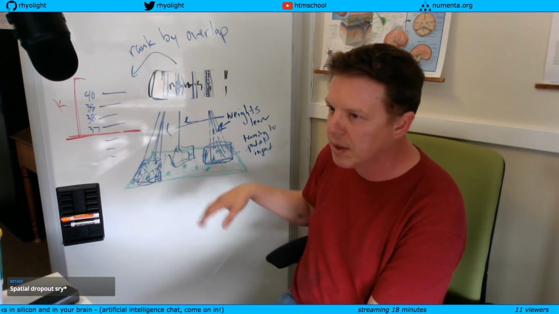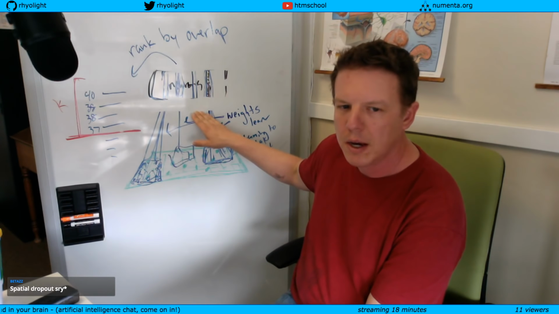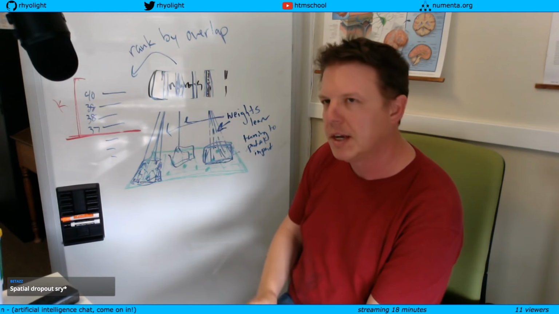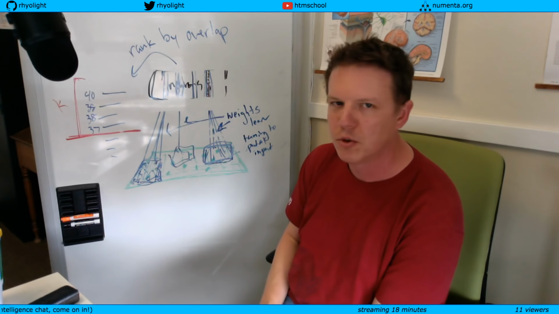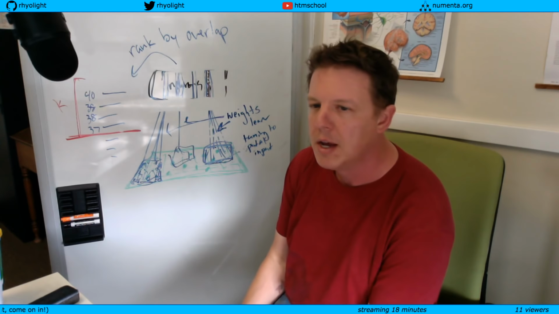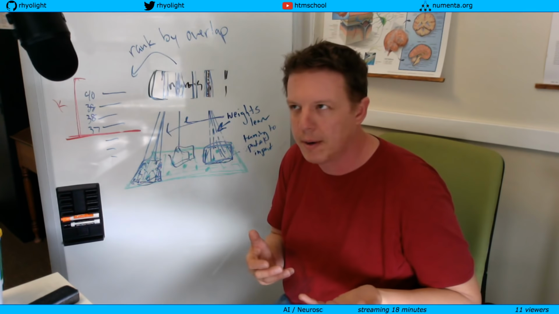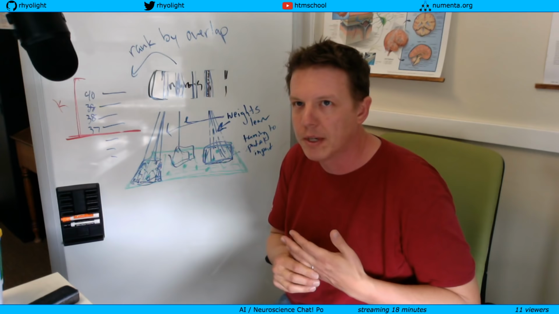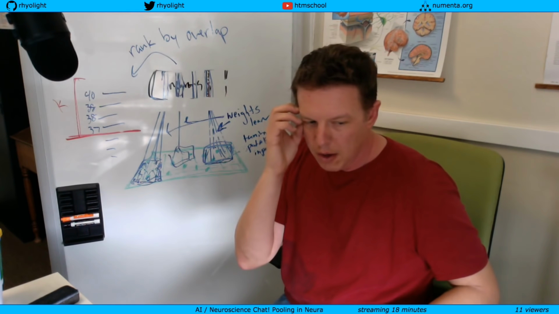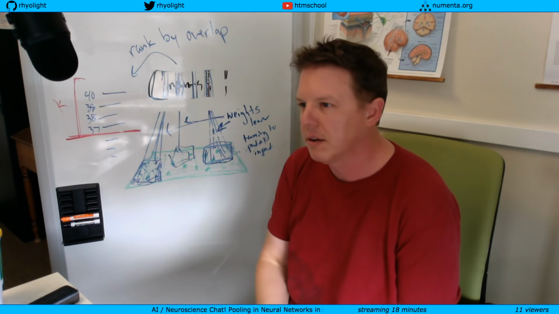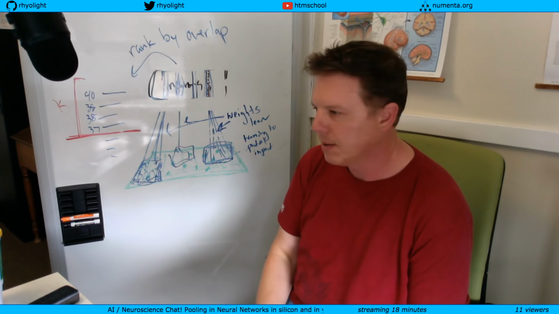I've never seen anyone else doing something like this. Spatial dropout might be a technique used in deep learning networks to sparsify the network, because deep learning folks have recognized that sparsity helps, especially against noise. So there may be a tactic called spatial dropout, but I'm not familiar with it.